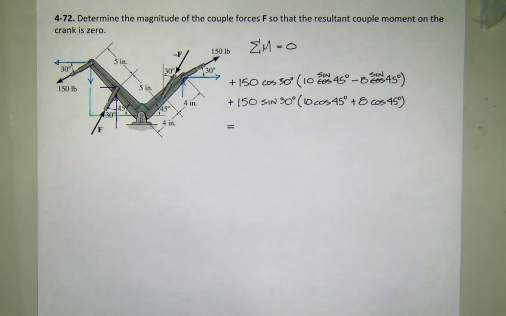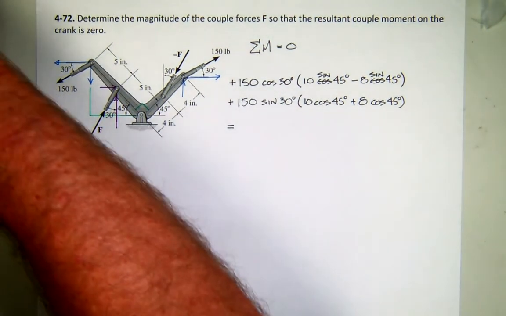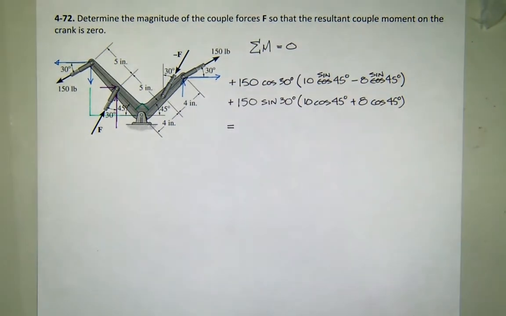What'd you get? 212? Anybody else get 212? Alright, so what'd you get? 180? See if anybody else gets 183.